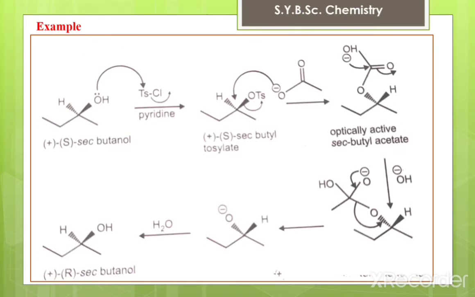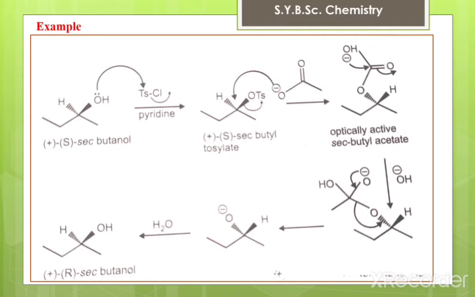Now another example in which it is established that the SN2 reaction goes with inversion of configuration at the carbon atom under attack is the following sequence of reactions.